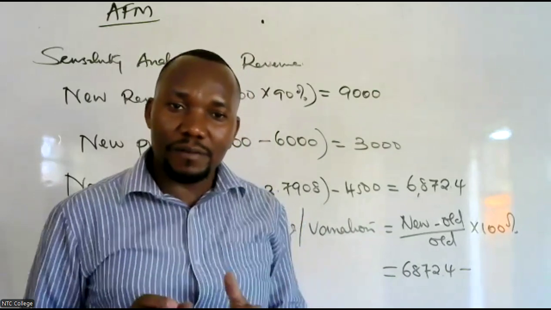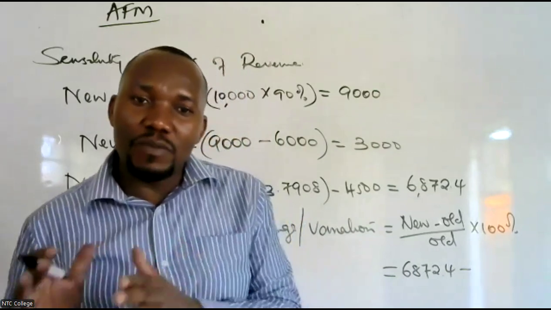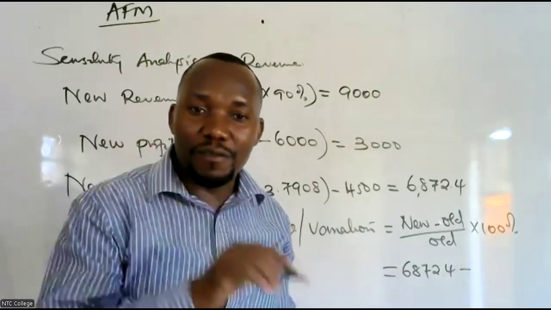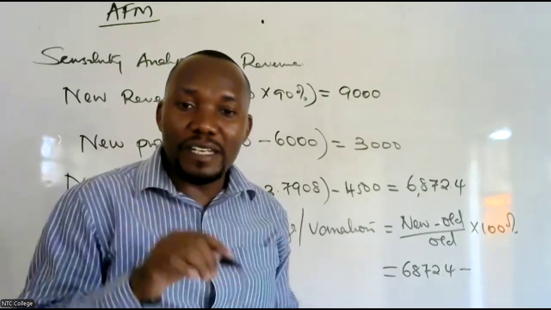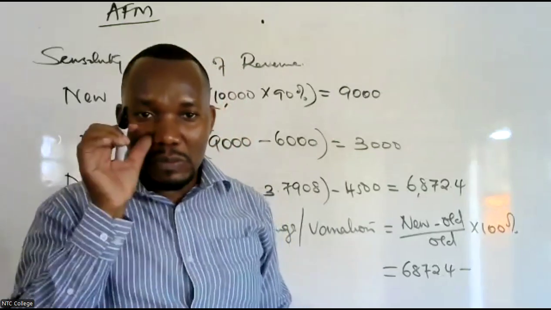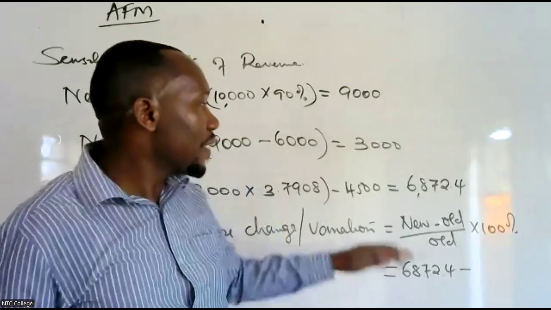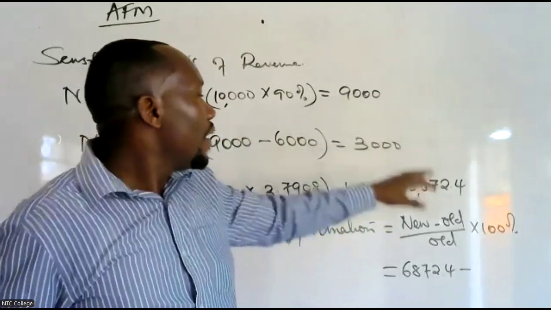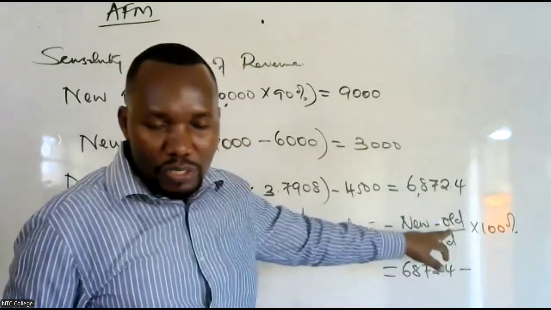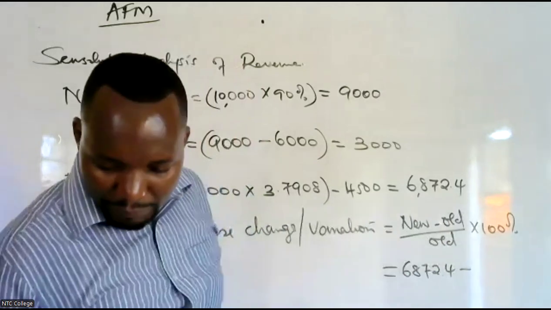So we want to ask ourselves, what is the percentage change in NPV if there is a change of 10% in revenue? Wakati revenue imepungua by 10%, what is the percentage change in NPV? So that is what we are trying to calculate now. So we have seen that the new NPV is now this, minus old was 10.